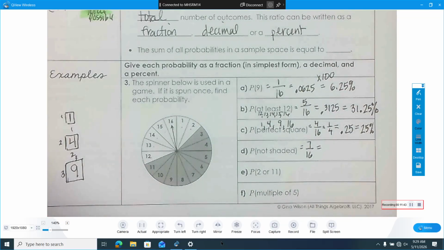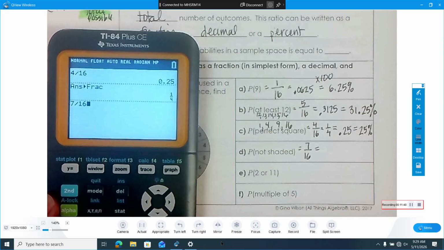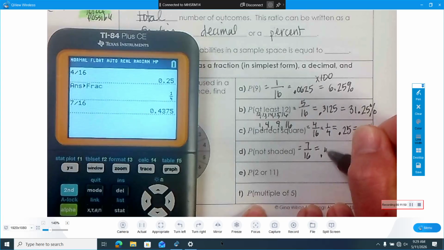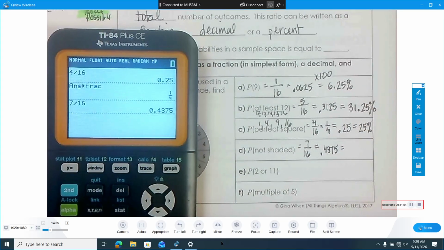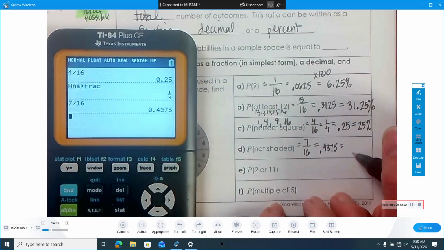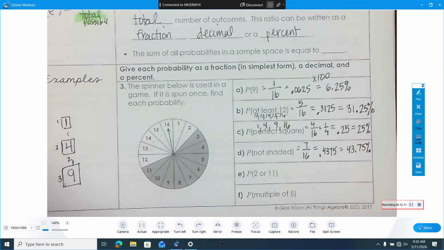Very good. 7 out of 16 is 0.4375. Aren't you glad that you get to use calculators? Would you want to divide 7 into 16 longhand, long division? I sure wouldn't. All right, as a percentage, what does that turn into? 43.75%. Very good.